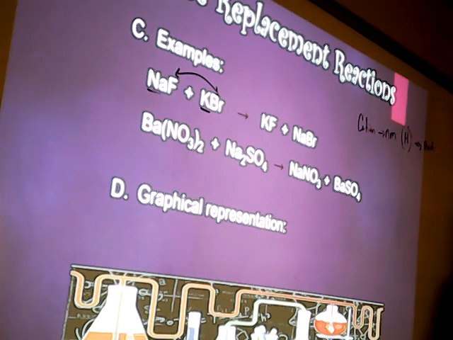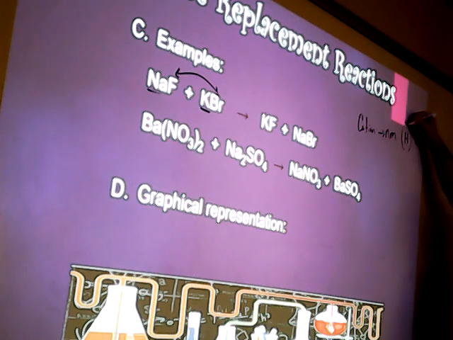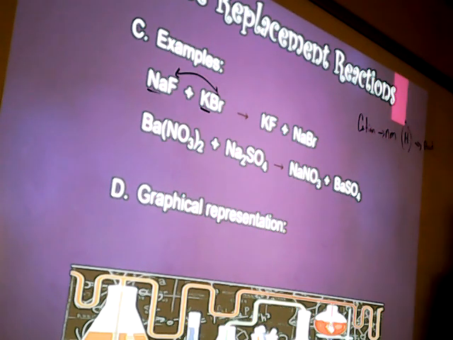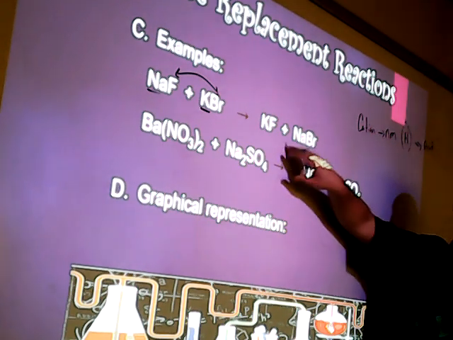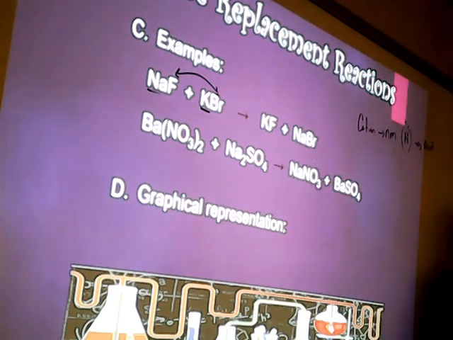So when you have acids, you've got to be thinking that hydrogen, yes, it's a nonmetal, but it also has a plus charge, which makes it a cation. So your hydrogen will also be forming with a nonmetal. We'll do an example of that coming up. But that's how we write the products for double replacement.